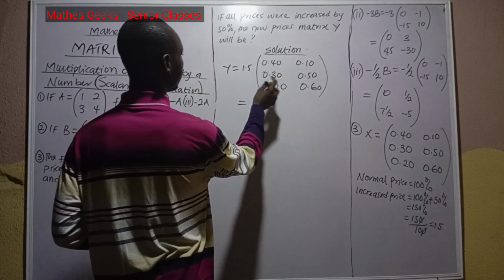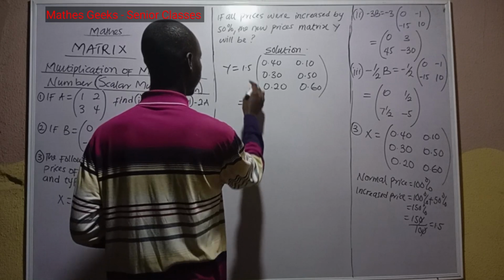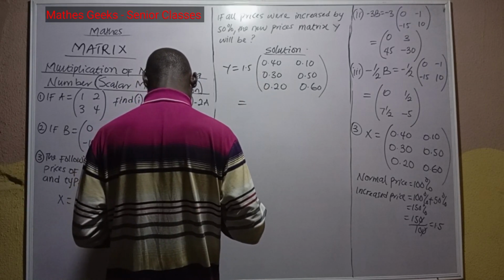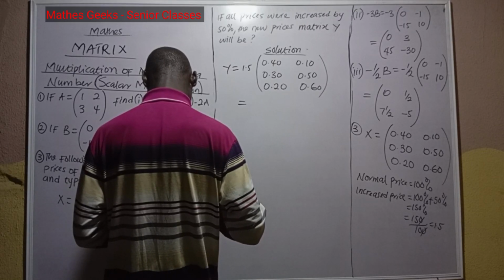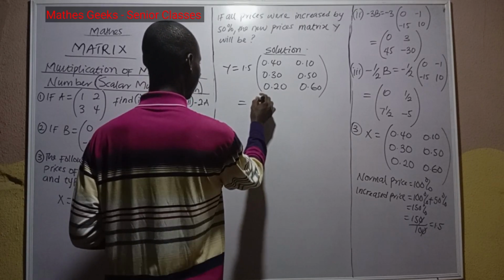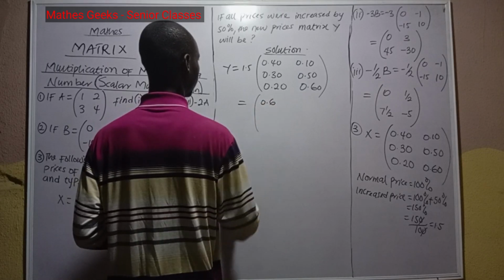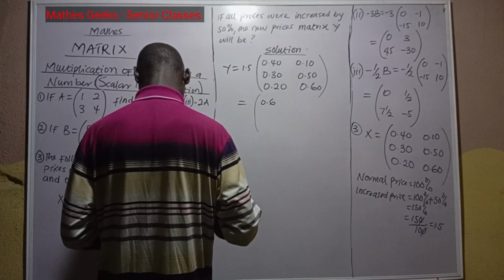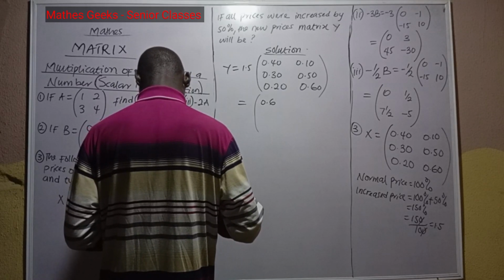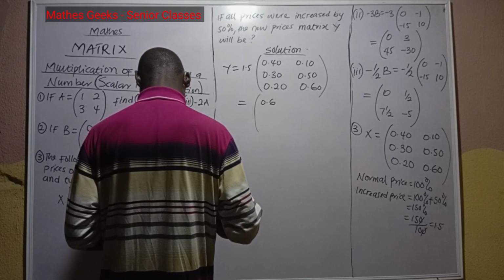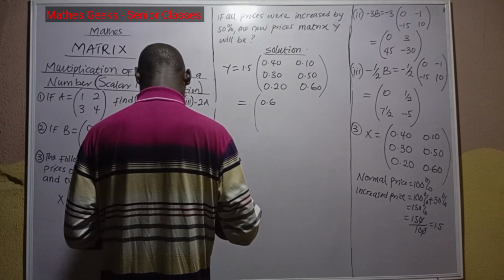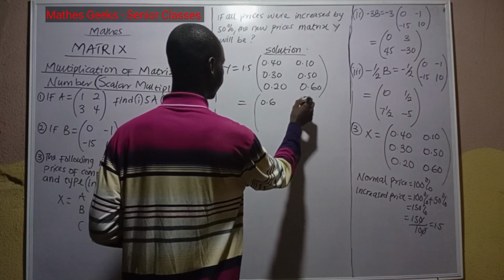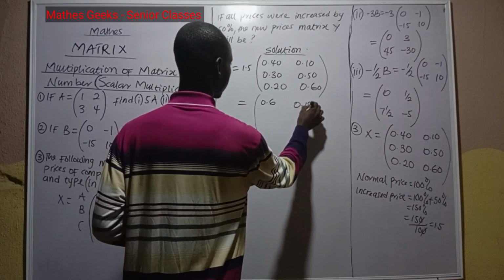So matrix Y will be equal to 1.5 times 0.4, which is 0.6, 1.5 times 0.1 will give us 0.15.